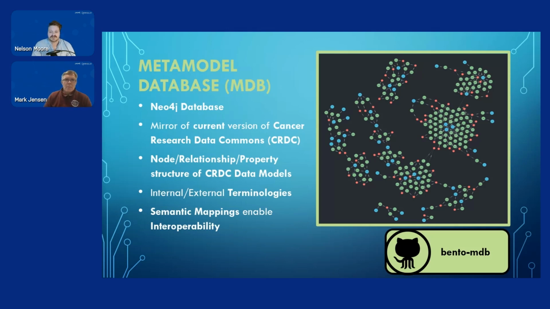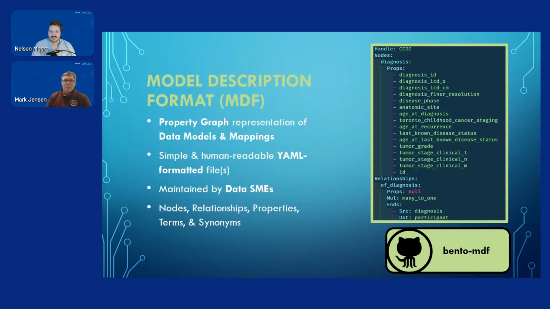To achieve these goals, the MDB needs to be flexible to allow for the updates and the storage of the latest decisions made by these CRDC stakeholders. And these decisions for any individual data commons regarding their data model are stored in something we call model description format. That's just something that we use for each of these components to describe their data models.